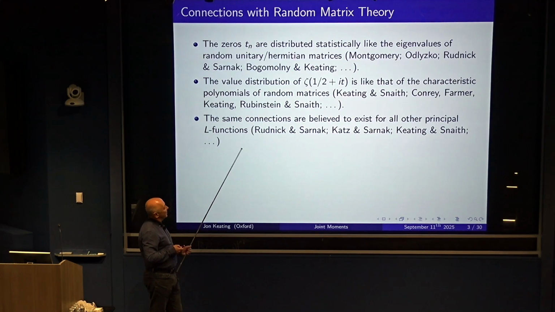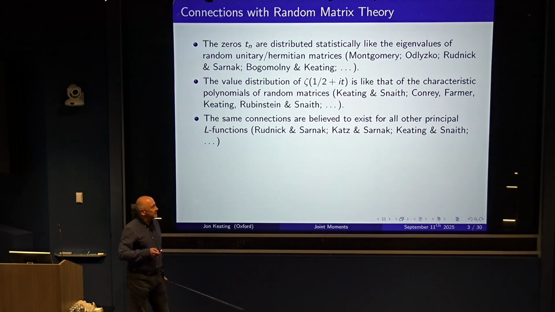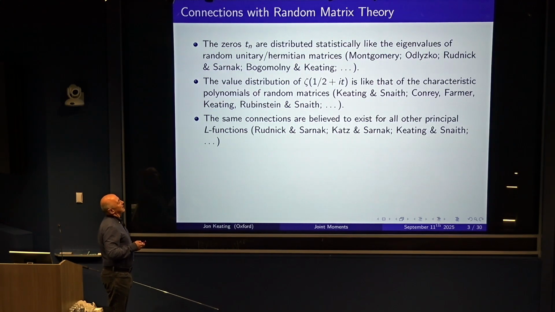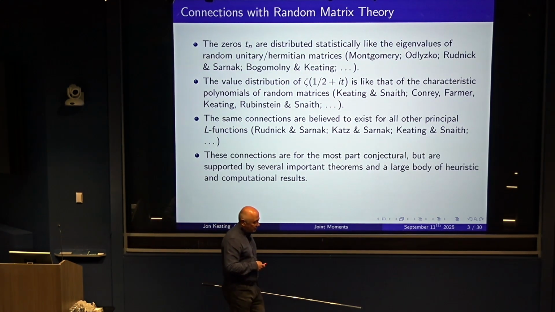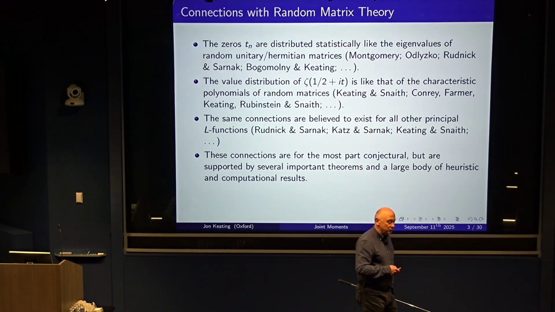This extends to other L functions, so it's not specific to the Riemann zeta function. We understand that L functions form families that are characterized by symmetry, and that various types of random matrices can appear in this story. These connections are, as I'm sure is well understood here, largely conjectural.